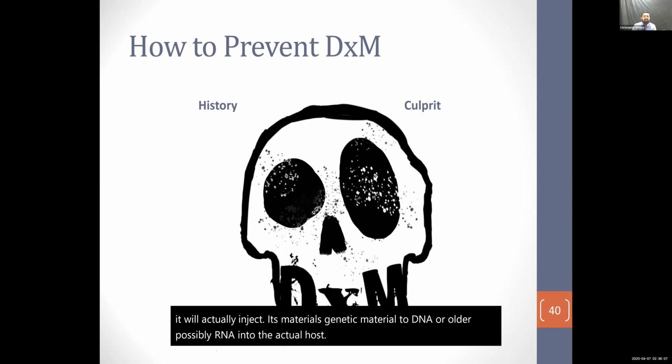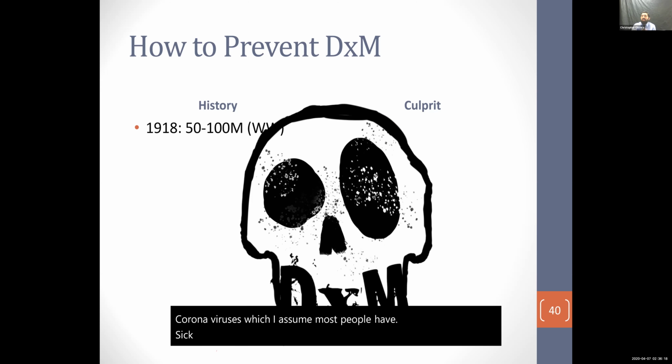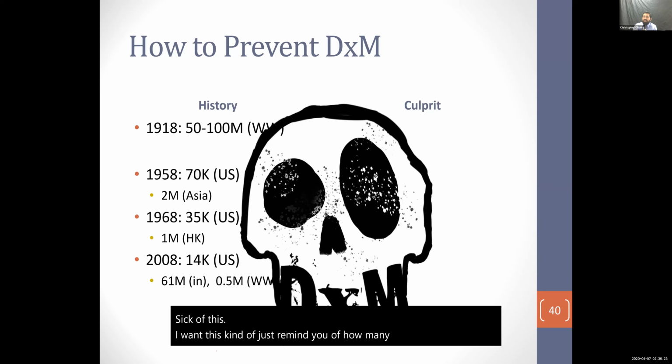So I wanted to stop for a moment, and rather than giving you a story of coronaviruses, which I assume most people are kind of sick of, I wanted to remind you of how many other big issues have occurred in the past.